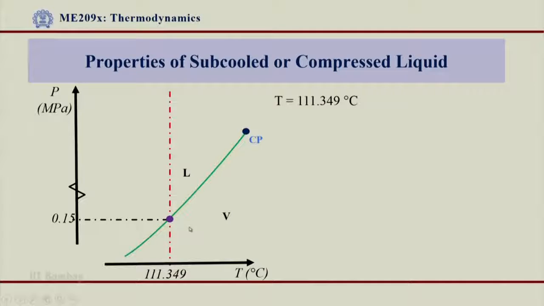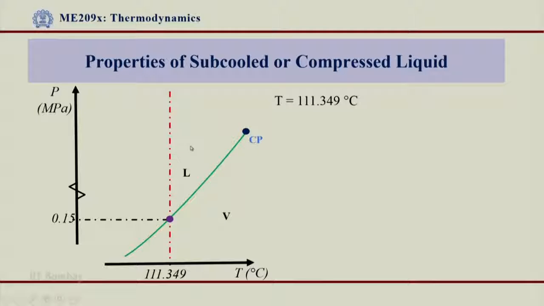Alright. So, this could be any pressure. Corresponding to this pressure, I have taken Tsat, which is 111.349, and I will just draw this line vertically because I would like to see the effect of various pressures on this line in the subcooled or compressed liquid region. This is the subcooled or compressed liquid region, I am sure everybody knows by now.